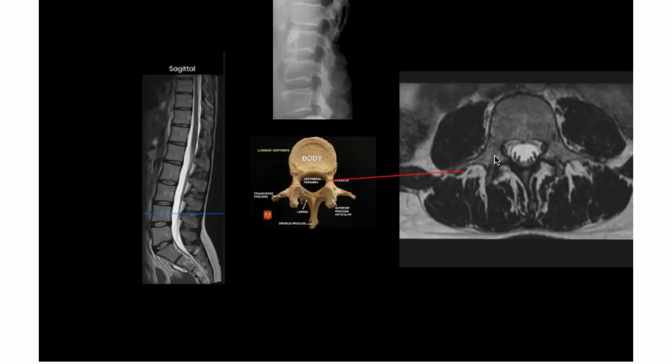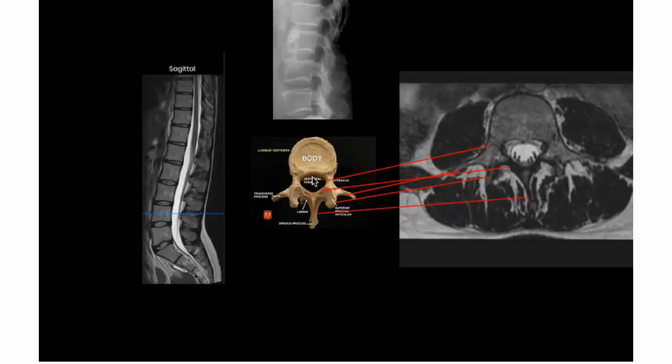There's a transverse process. This is the superior articular process over here. Okay, that's a lamina over here. This is a spinous process.